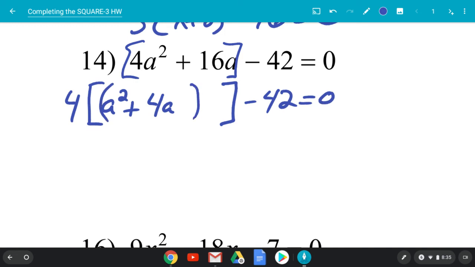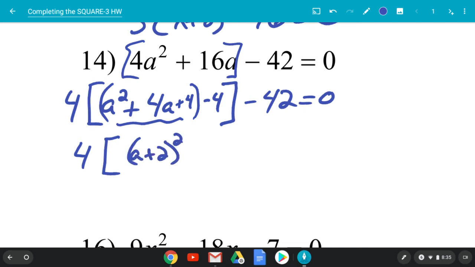But I need a perfect square trinomial in the middle. So 4 divided by 2 is 2. 2 squared is 4. So I'm going to go plus 4 minus 4. Okay. Back to the perfect square trinomial. 4 times a plus 2 quantity squared minus 4 minus 42 equals 0. Everybody good with that?